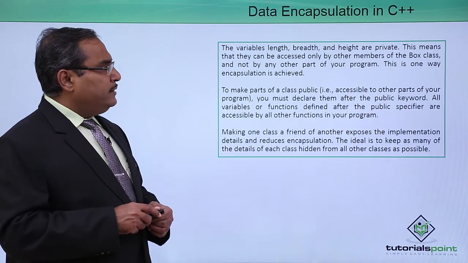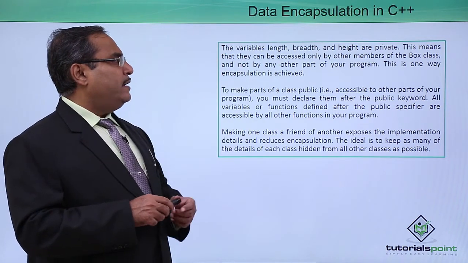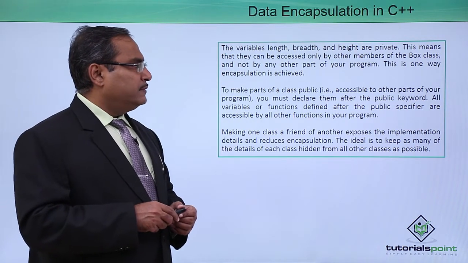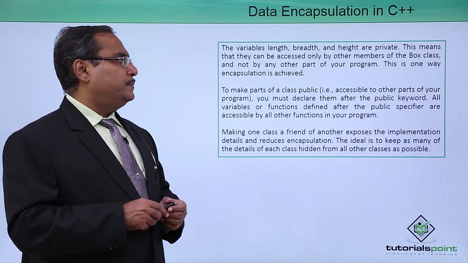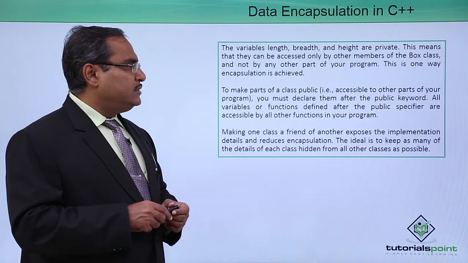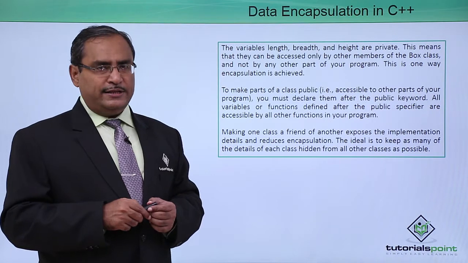The variables length, breadth and height are private. This means that they can be accessed only by other members of the Box class and not by any other part of your program. This is one way encapsulation is ensured and achieved.